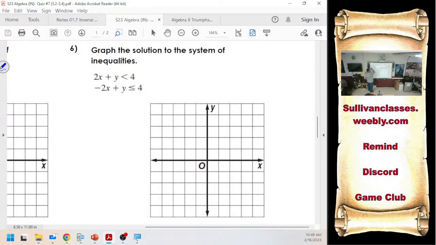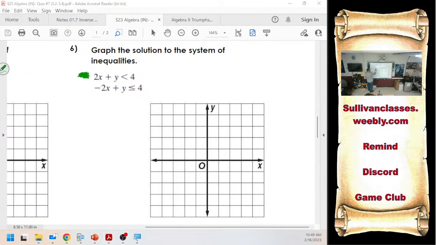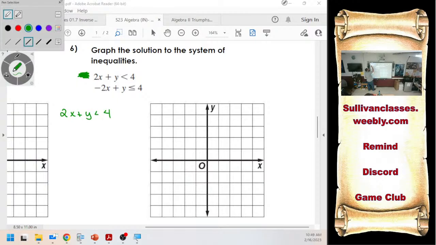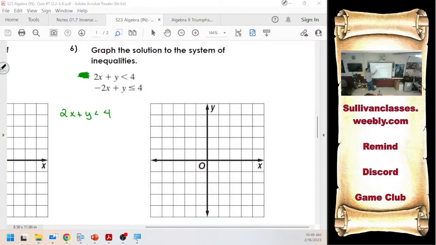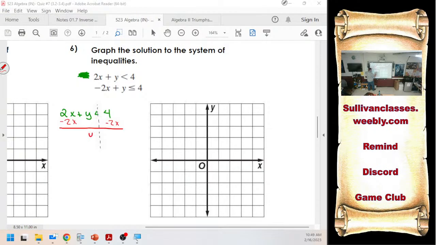So I start with, that don't look right. 2x plus y less than 4. It doesn't look right. So I'm going to subtract 2x. Get y is less than negative 2x plus 4. Where am I starting?